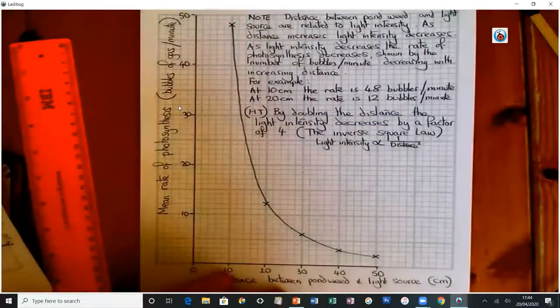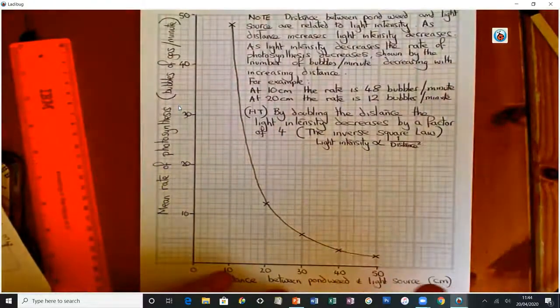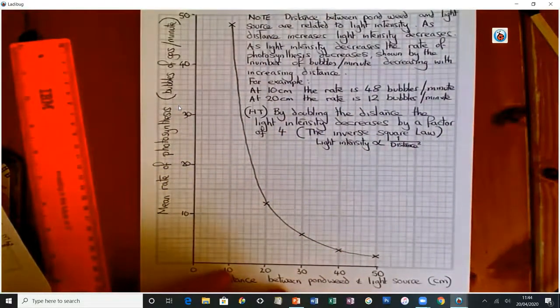Right, so what does that tell us about what we've seen in our results?